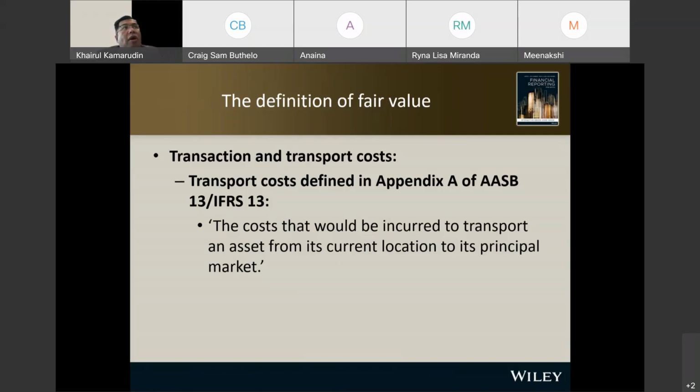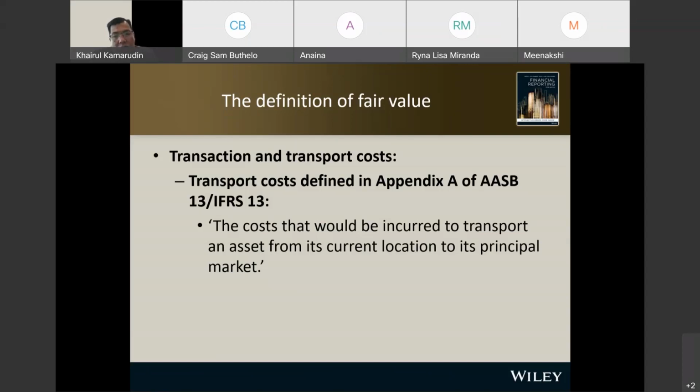For biological assets, I don't see much in Dubai, for example. If you have cattle, cows, chicken or whatever, you have a farm. What is the value of those assets, your chicken, your cow?